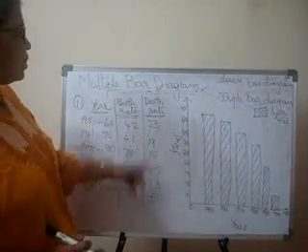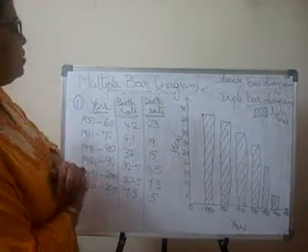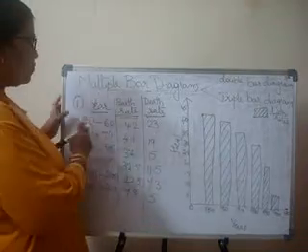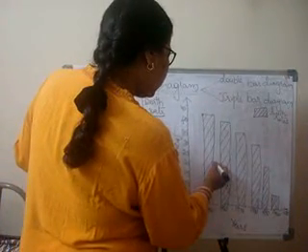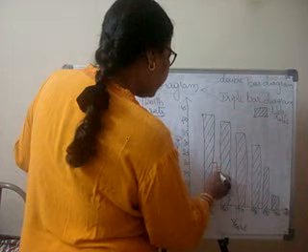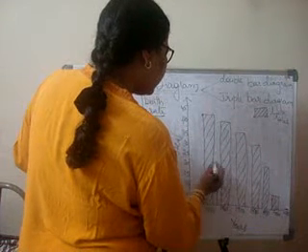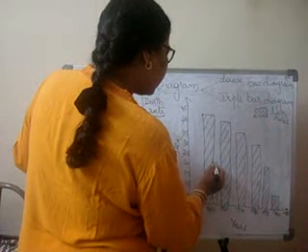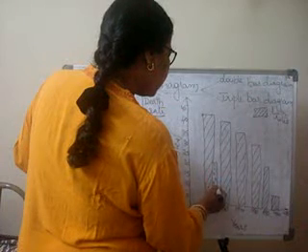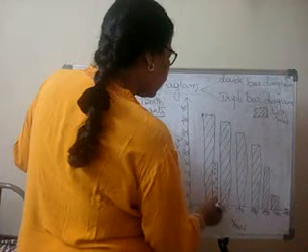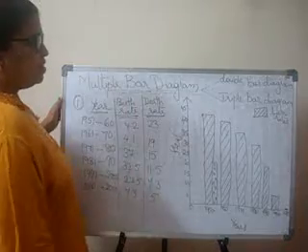Now we see the death rates. What are the death rates? Let us see. In 1951 to 60 we have 23. Here it is 23. So these are the death rates.